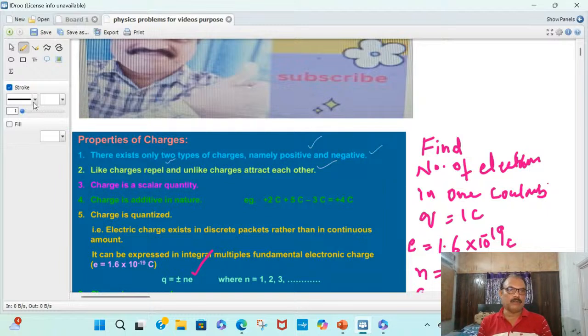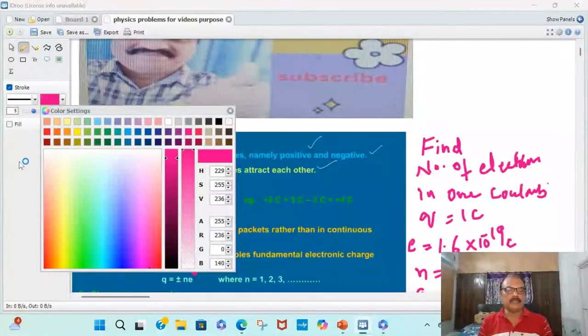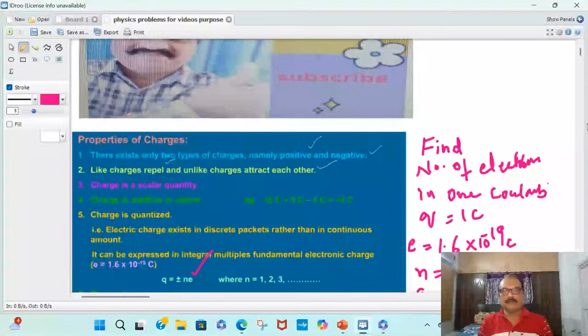You might have seen that even in lower classes. When two bodies, one is glass, another one is plastic, rubbed with silk and wool, opposite charges are obtained. The glass rod is suspended, and this is positive.